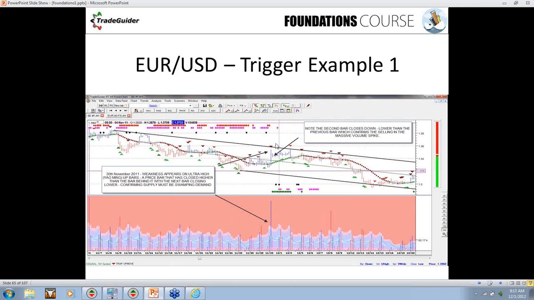And with this in the background, these red indicators carry a lot more weight than the green ones, because clearly that is an artificial markup. And when we see the market trying to go back up to these levels and the volume is very low, we know that the sellers are in control. So we call this ultra-high volume, or weakness appearing, supply coming in, followed by no demand. And then the market begins to decline.